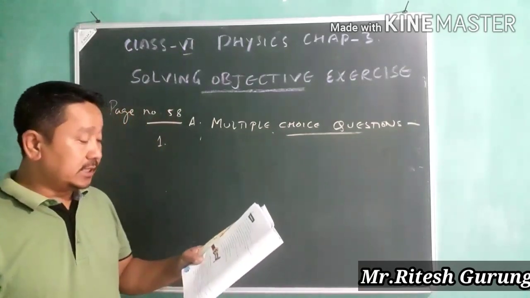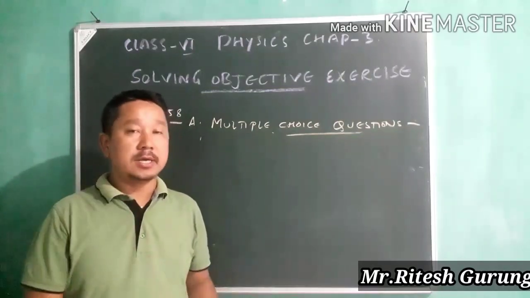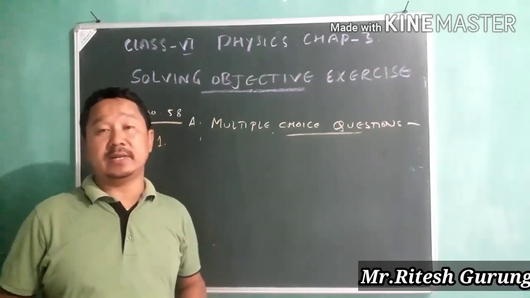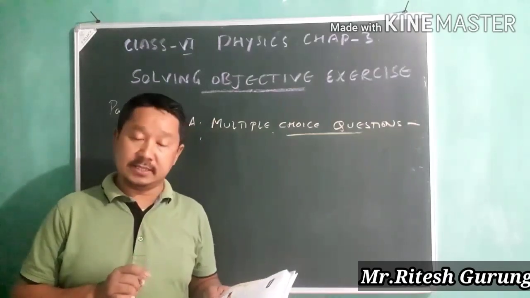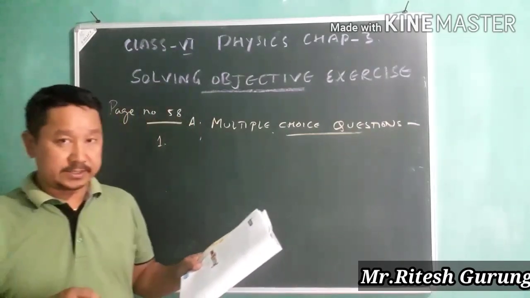See, the force may cause in an object. Check your answer, what you have done, because it was given last time only. I believe that you have done it, and just cross-check your answer. Number 1, the force may cause in an object.